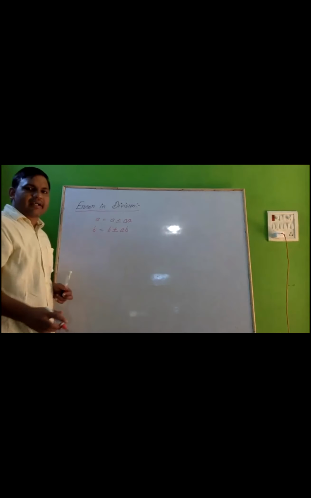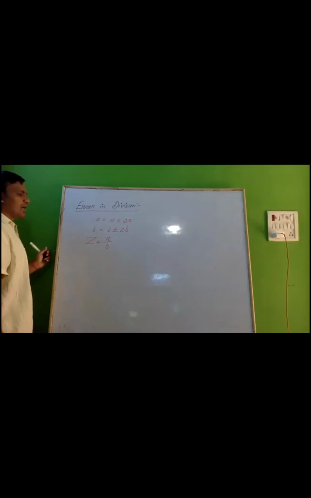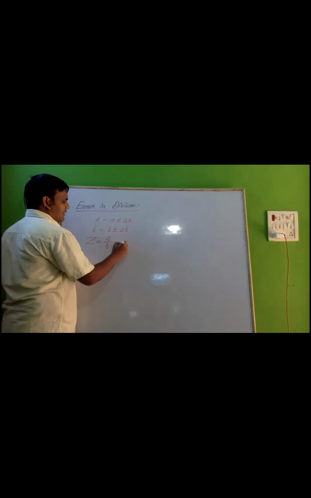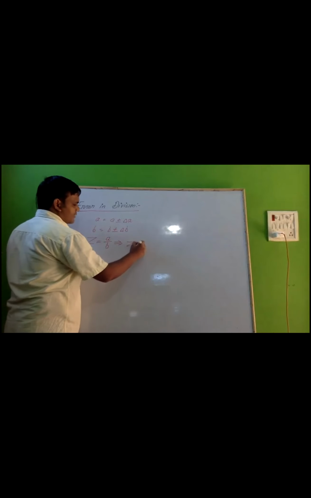You are willing to find Z is equal to A by B. So how you can write? You can write like this: Z plus minus delta Z equal to A plus minus delta A divided by B plus minus delta B. Okay.